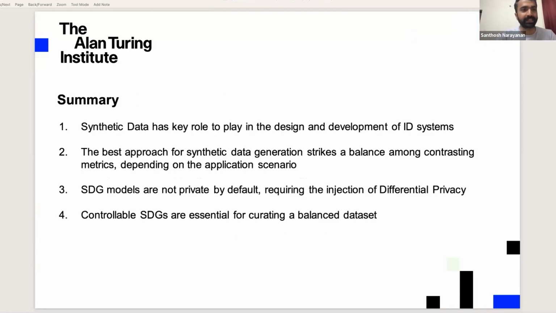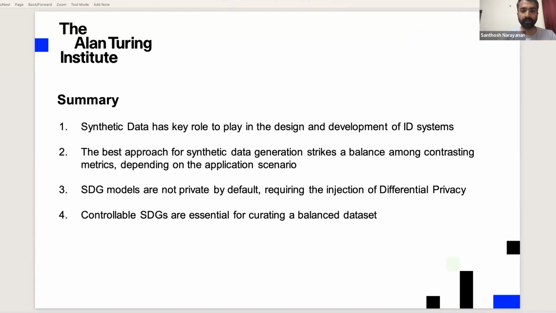So I hope this gave a decent overview into the role that synthetic data can play in the design and development of ID systems. I think it's important that we understand what metrics we need to be measuring or evaluating the synthetic data generators against, depending on what application we want to use it for. Synthetic data are not private by default. So the concept of differential privacy should be seriously considered.